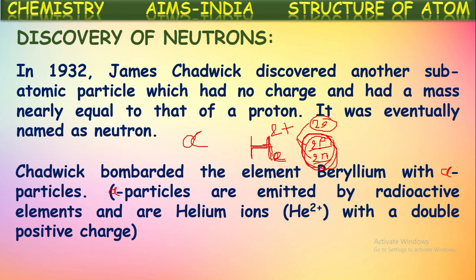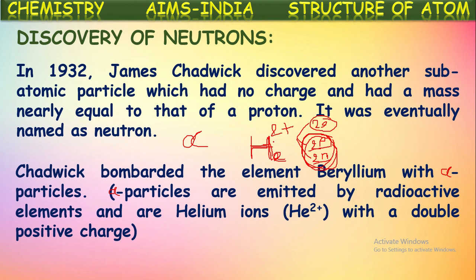It is not created by removal of 2 electrons from helium, because that is highly impossible, as it is a very small atom that cannot lose its 2 electrons. But alpha particles can be produced from radioactive substances. When they decompose, 2 protons and 2 neutrons together come out in the form of an alpha particle. In that way they are generated.